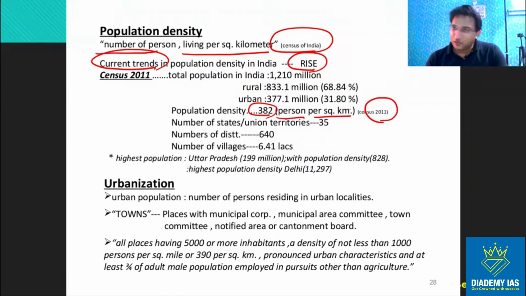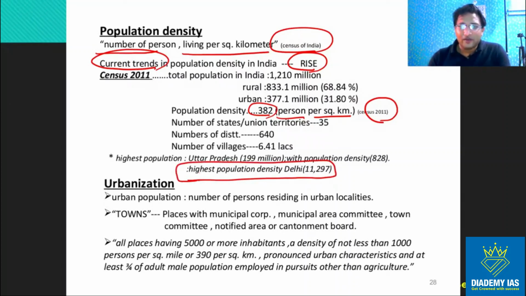This was the density in 2011, right? Highest population density was in Delhi, 11,297, right?